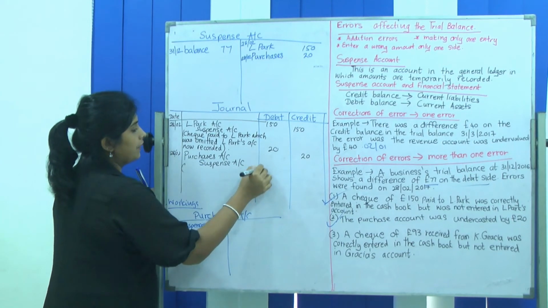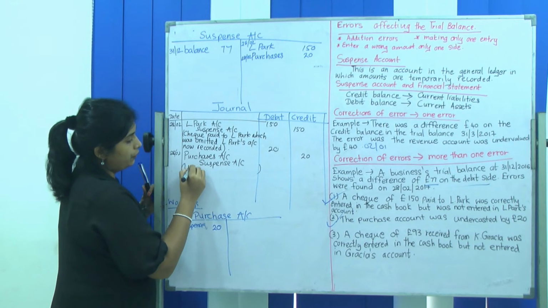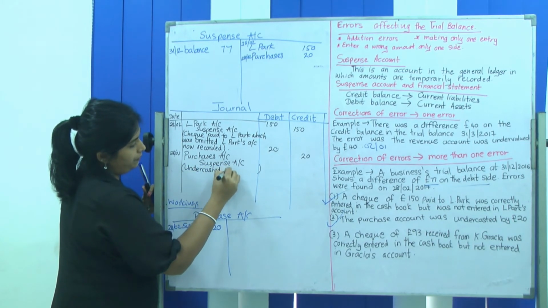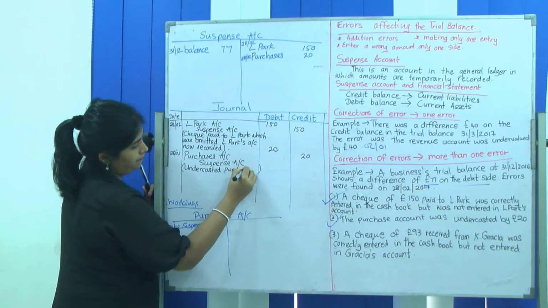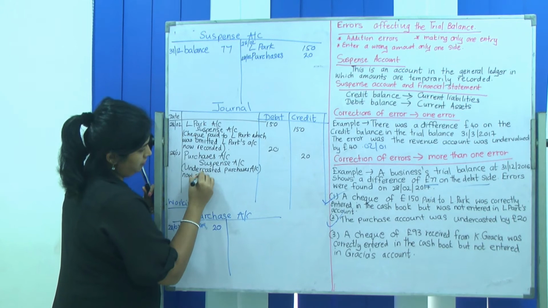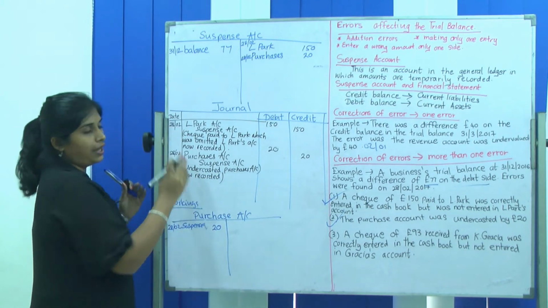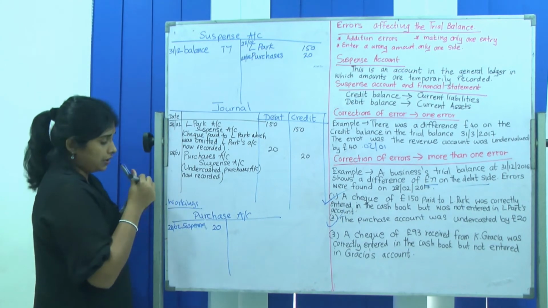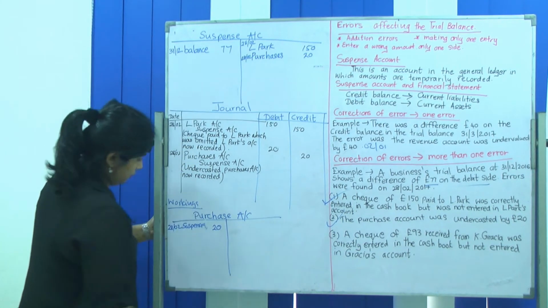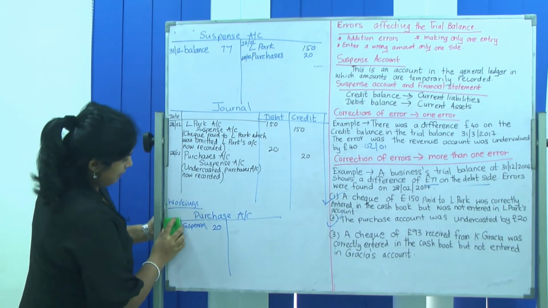As narrative you can write: undercasted purchases account, now recorded. Here you can see that to correct both errors I have used the same journal. No need to write separate journals.